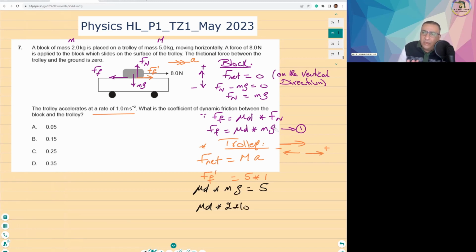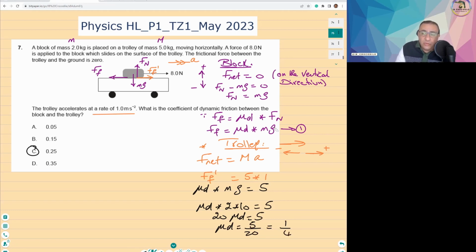In paper 1, you can always assume that, usually in the beginning of the paper they tell you to take g as 10 meters per second squared. This is a non-calculator paper, just to make your life easier. So 2 times 10, that's 20 mu sub d equals 5, which implies mu sub d is 5 over 20, which is 1 over 4, which is 0.25.